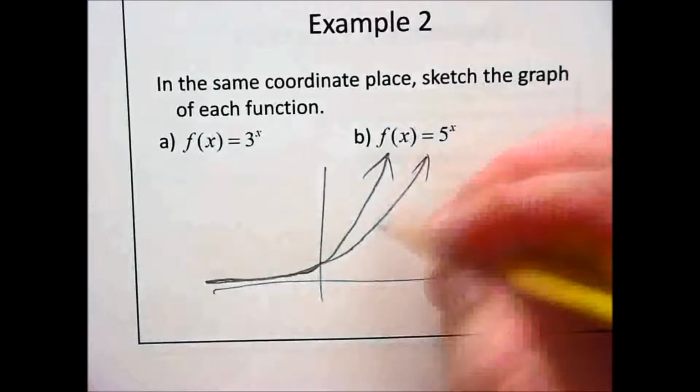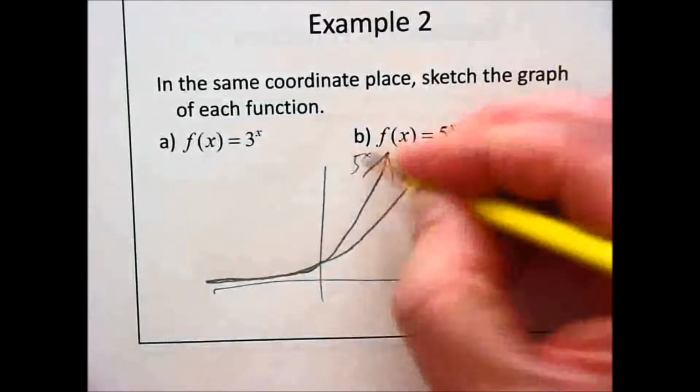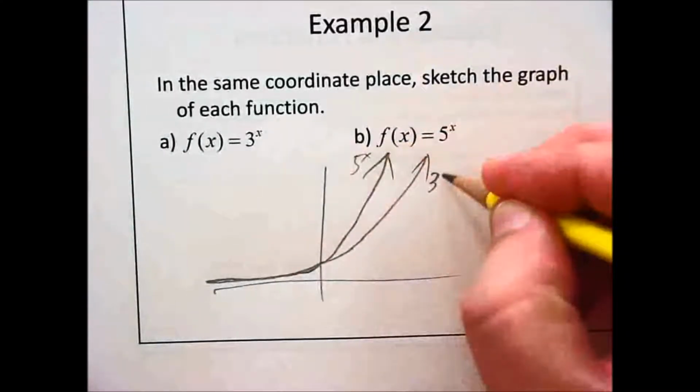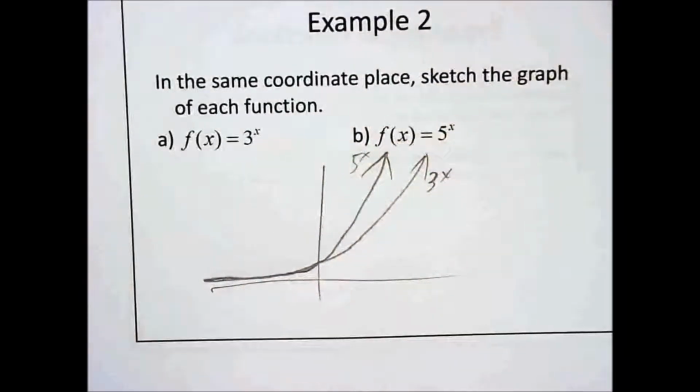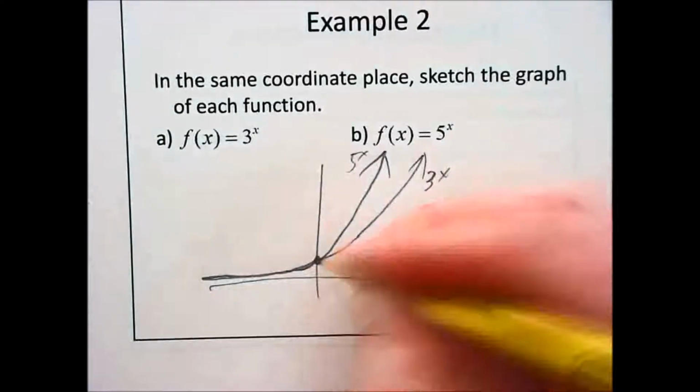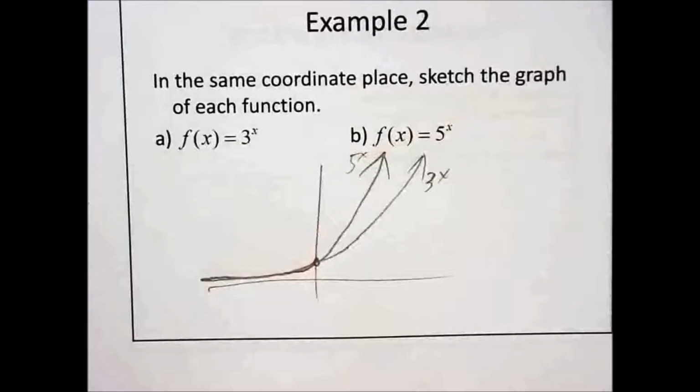Yeah, 5 to the x is accelerating vertically faster, so that's going to be 5 to the x. This is going to be 3 to the x. What point do they share in common? x is equal to 0. Well, what coordinate is that? 0, 1. Yeah. These will share 0, 1 in common, because anything to the 0 power will be 1. Okay?